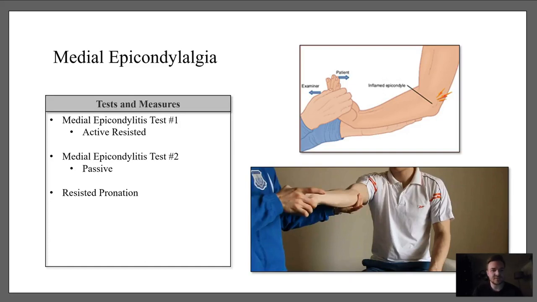What do we do for special tests here? Well, we have two tests. They're both named medial epicondylitis test 1 and 2. Number 1 is the active resisted test. You can kind of coincide this to Cozen's test for lateral. This is the active resisted test for the medial side. And then, of course, the passive test for the medial side is much like Mills' test.